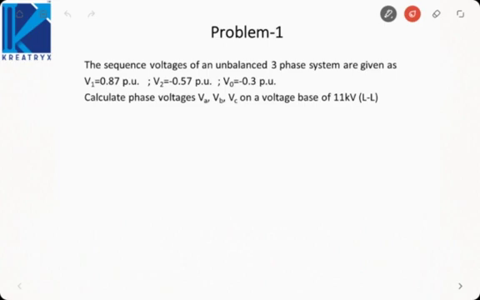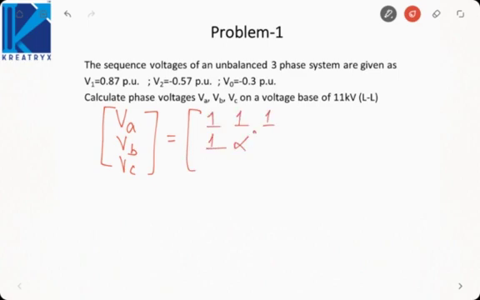So the matrix that we will use will be our A matrix, that is VA, VB, VC will be 1, 1, 1, 1 alpha square alpha, 1 alpha alpha square, then V0, V1, V2.